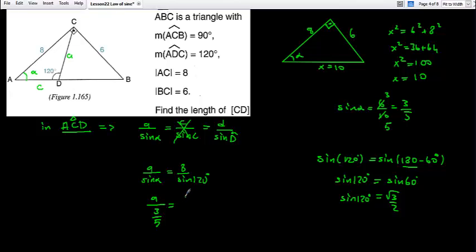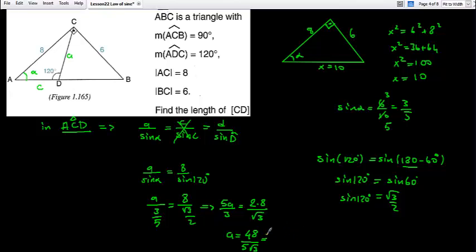So a over 3 over 5 is equal to 8 over root 3 over 2. When you switch and multiply, this equation is going to be 5a over 3 equals 2 times 8 over root 3. When you send 5 over 3 to the other side, a is going to be equal to 3 times 2, 6 times 8, which is 48 over 5 root 3.